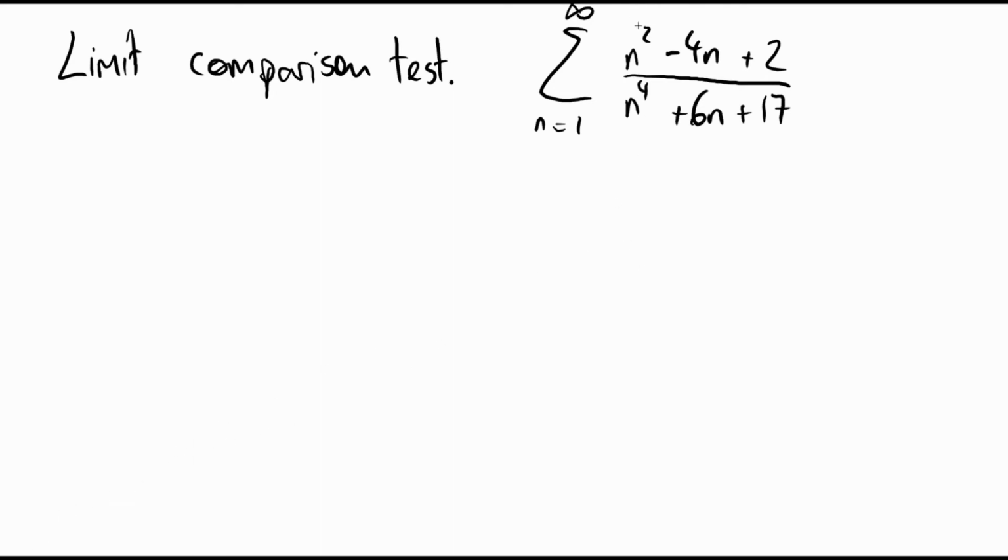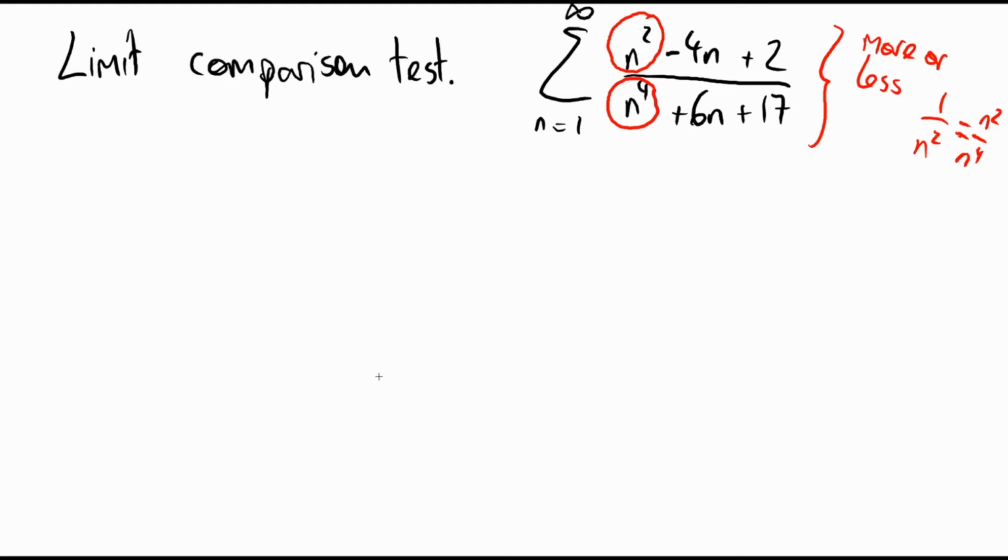Now, if we look at this, the highest order term is n squared in the numerator and n to the fourth in the denominator. So this whole thing is going to be more or less like 1 over n squared, that's n squared over n to the fourth, the dominant term in the numerator divided by the dominant term in the denominator.